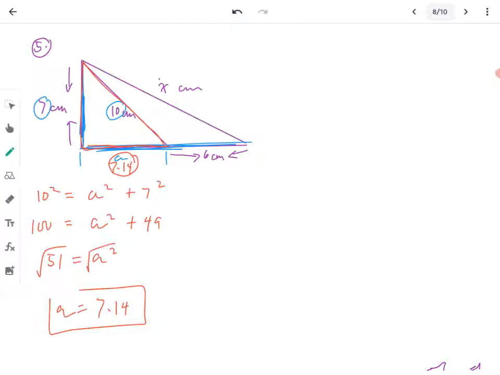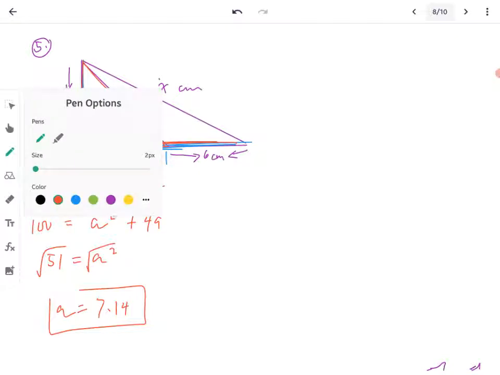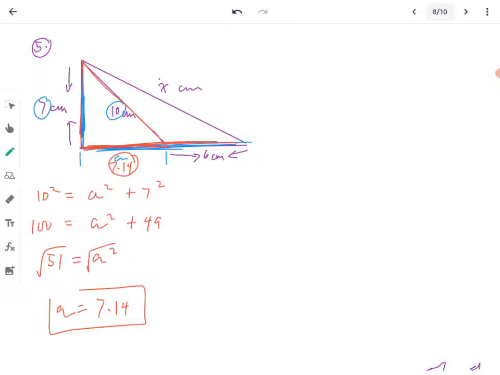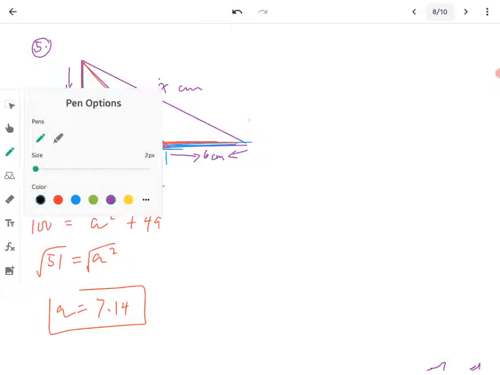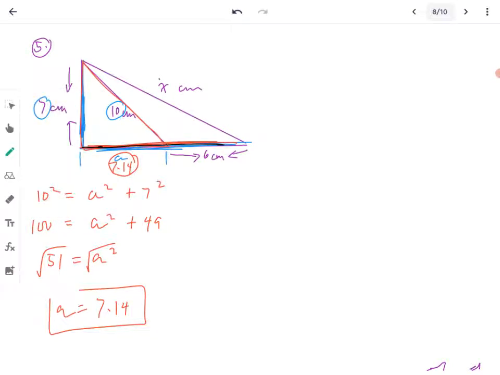Therefore, the total length is actually 7.14 times 6, and that is 13.14. And we can use that and the 7 cm to solve for the x.